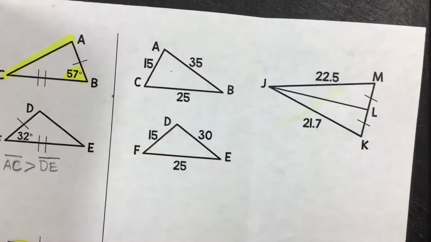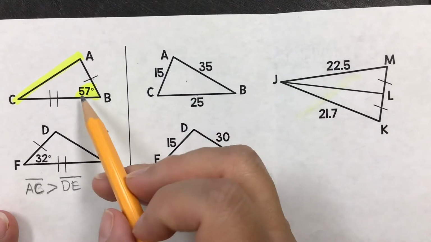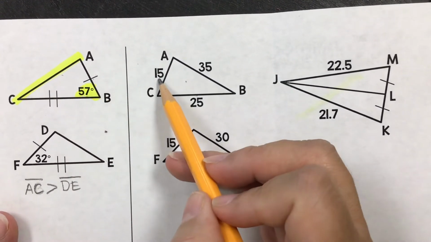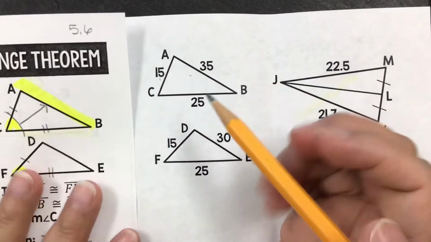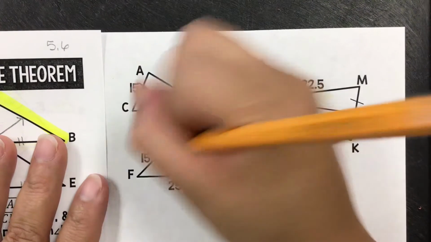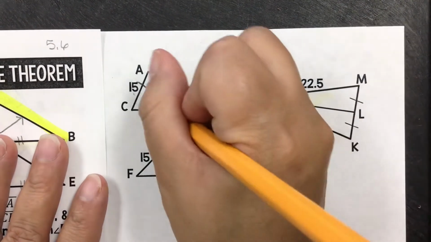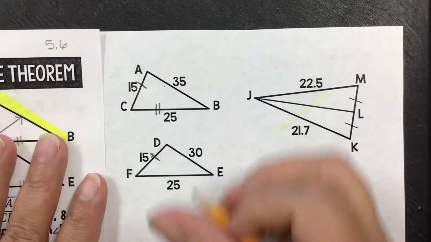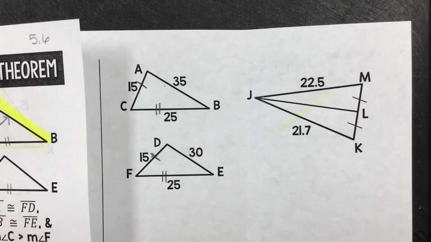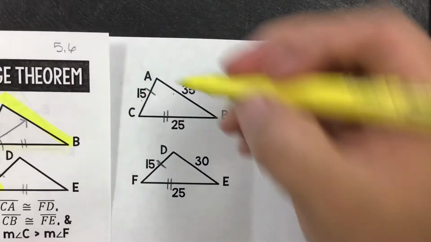So look at the difference between the information they give you here. They give you angle measures here to figure out a side. Here they only give you side measurements. 15 is equal to this 15. 25 is equal to this 25 down here. That means that we're looking at AB and DE.